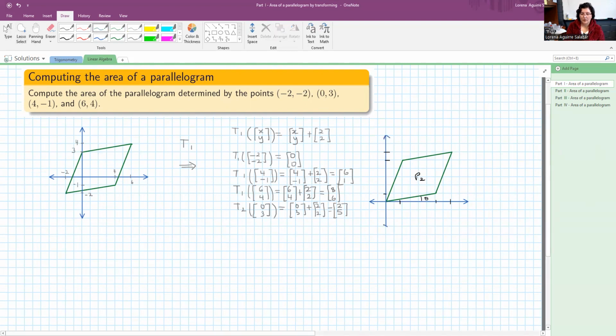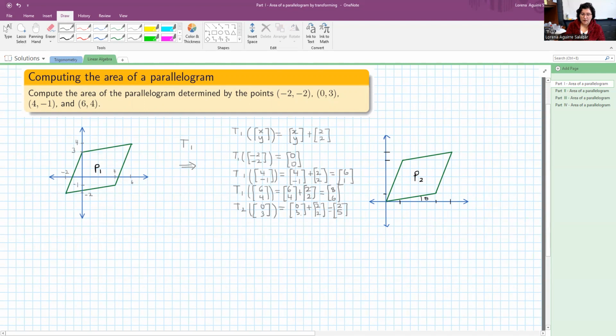Okay. After we applied transformation T1 to our parallelogram, let's call this parallelogram P1, we get P2. And our parallelogram P2 is essentially the same as P1. P2 is P1 but translated.